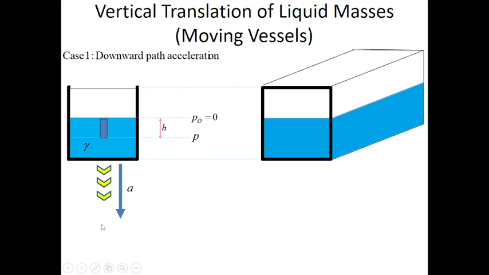This is case 1, no? Direction of the motion is the same as the direction of the acceleration. Consider natin yung vertical strip, represented by a particle. We treat it as a particle, and we consider all the forces acting on it.